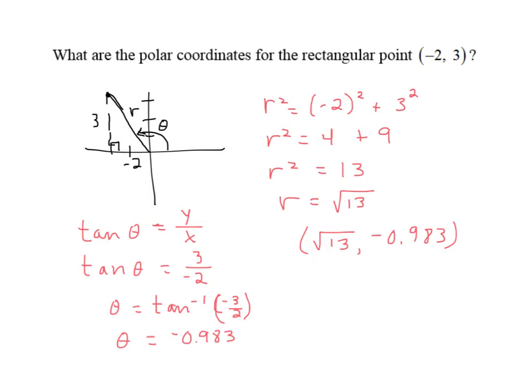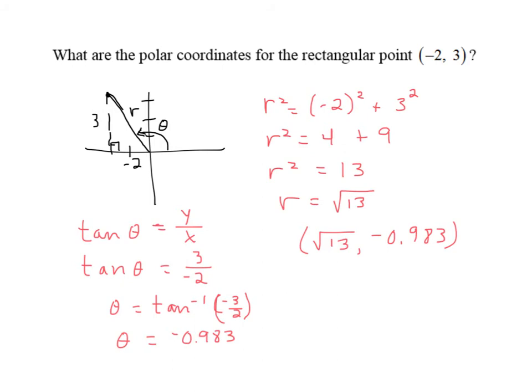Since they gave me x and y, that seems to be the logical choice. So tangent of theta would be 3 divided by -2. I take the inverse tangent of -3/2, and I get theta to be -0.983. So there we go, right? Root 13, comma, -0.983.